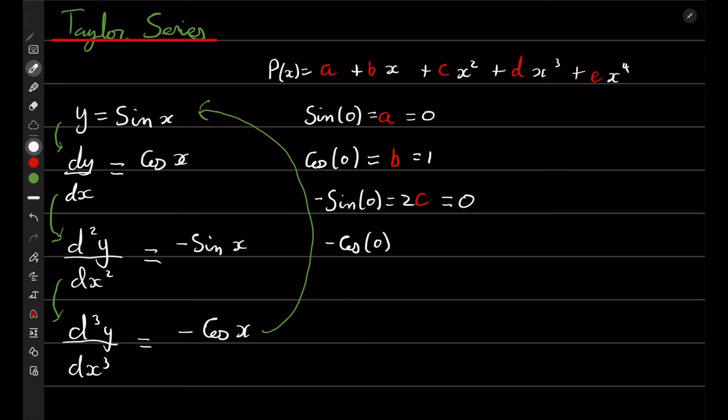Negative cos x should be equal to the third derivative of this polynomial. And what's the third derivative of this polynomial? Anything with x power less than 3 goes away. For 3 itself, the x will go away, the constant d will be left, and the term with e in it will become 0, because we're using 0 as our x value, and anything times 0 is 0. Basic stuff.